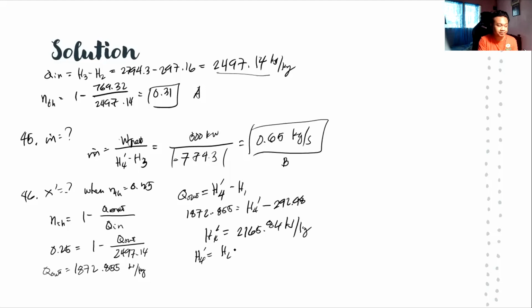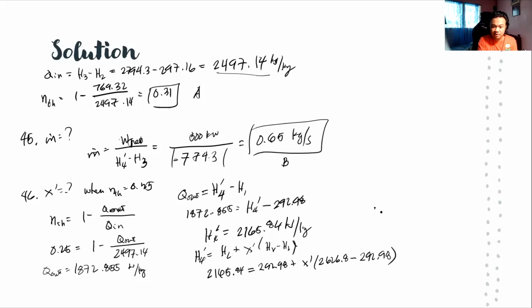And then from there, remember the H4 prime equation: H4 prime equals HL plus x prime times HB minus HL. So substitute 2165.84 equals 292.98 plus x times 2626.8 minus 292.98.